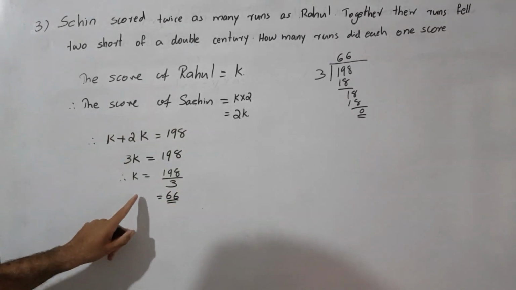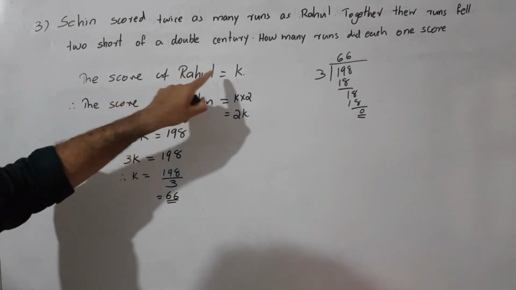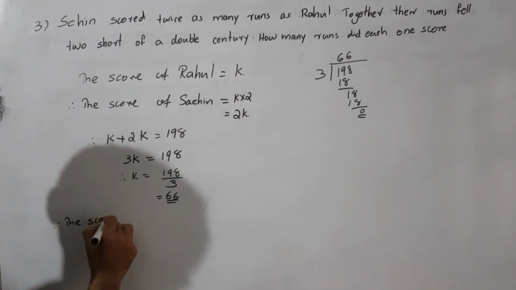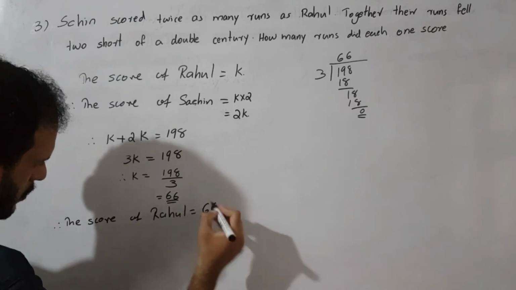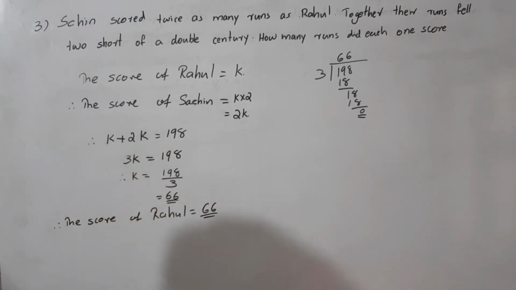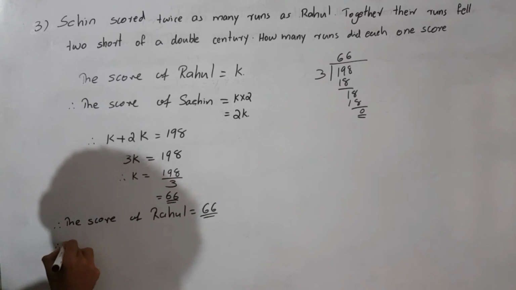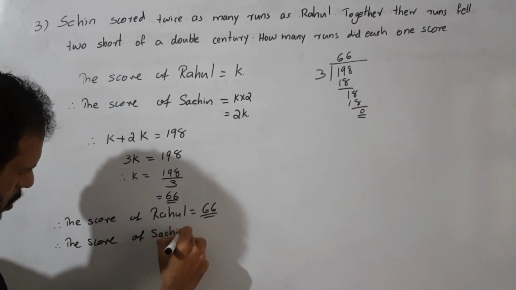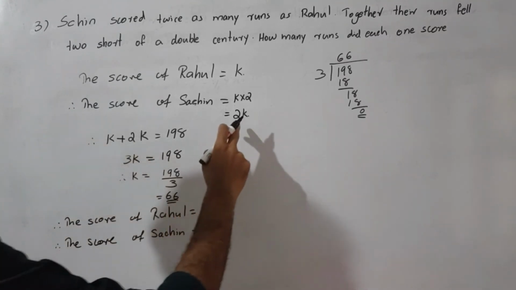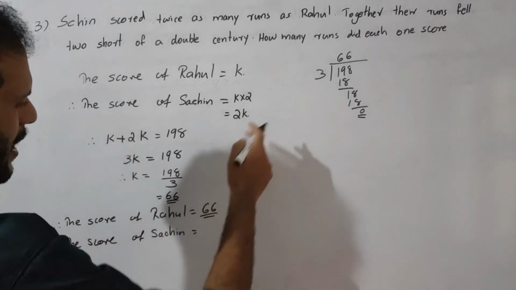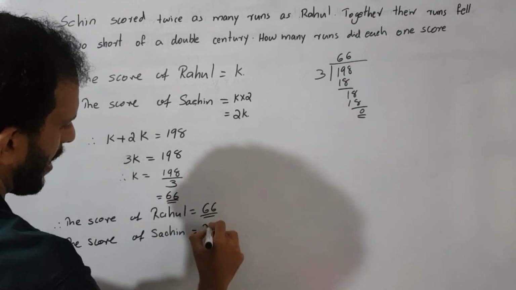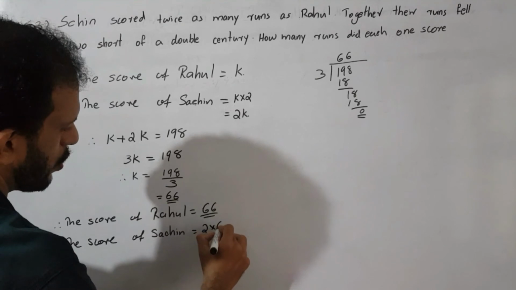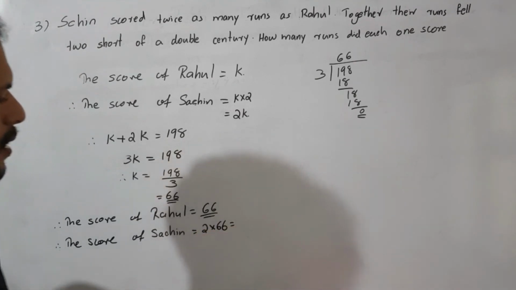Then what is K actually? K is the score of Rahul. Therefore, the score of Rahul is 66. Then what is the score of Sachin? Therefore, the score of Sachin is equal to 2K. 2K means 2 into K. Correct? 2 into K means, what is K? 66. Then 2 into 66.